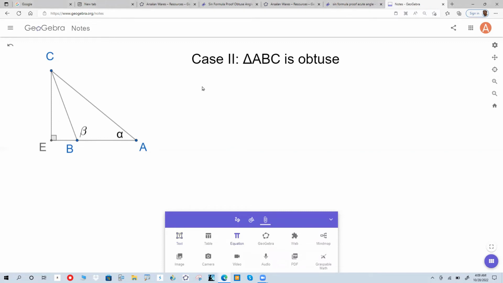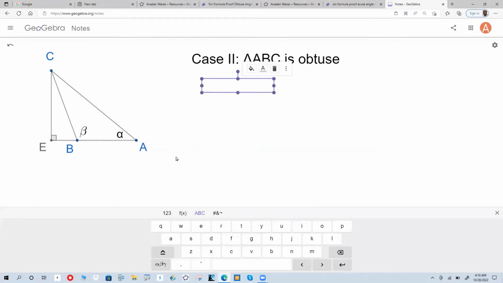Considering right triangle CEA, I can say sine alpha is equal to opposite CE divided by AC.